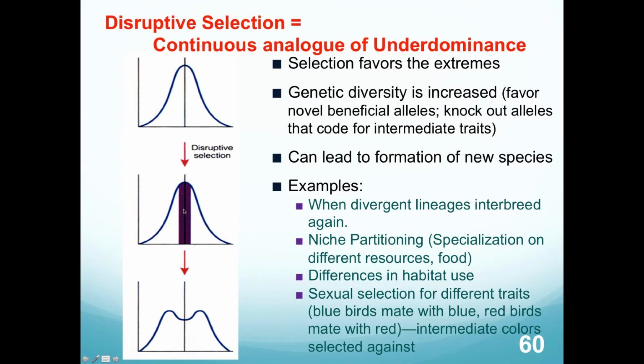And there will be selection against those hybrids, and it will lead to a bimodal distribution. Disruptive selection can also occur due to niche partitioning, so different groups of organisms becoming adapted to using different ecological niches, or due to sexual selection.